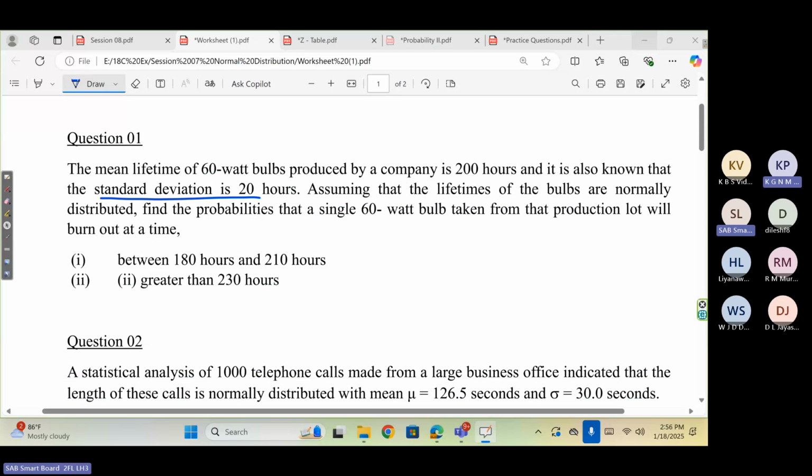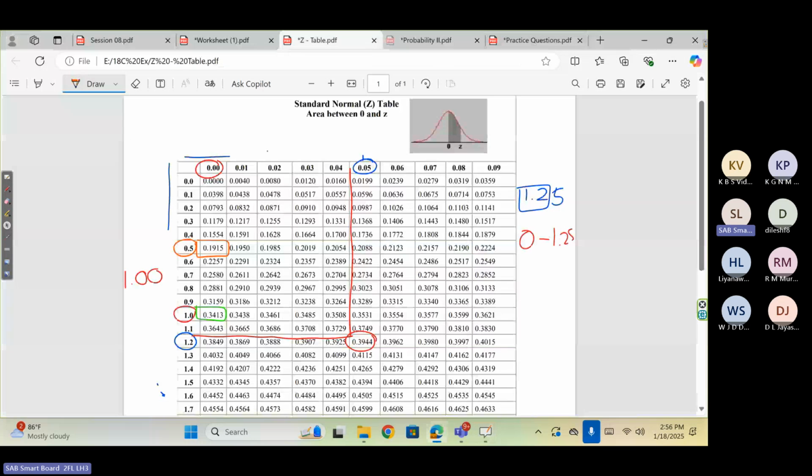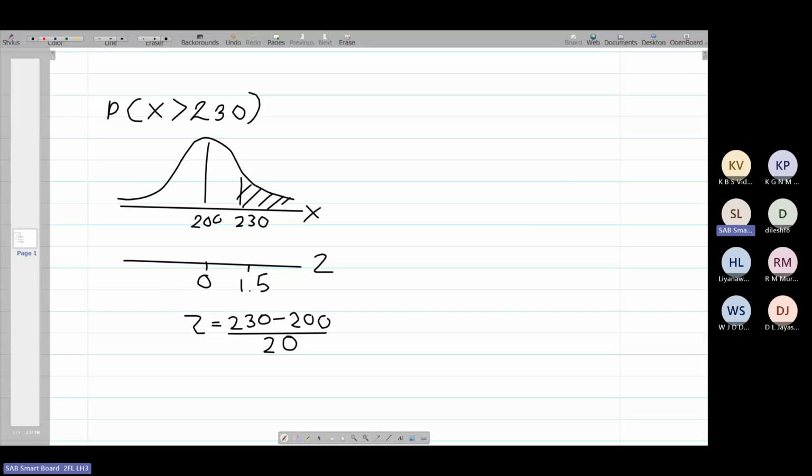Then find where 1.5 is in the Z table. 1.5 is 1.50, and there is a 0. What is the answer? 0.4332. It means 0 to 1.5.